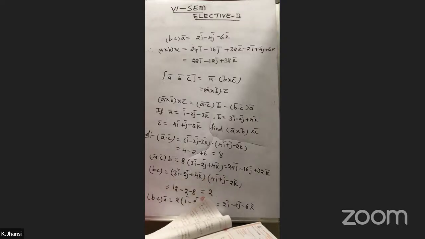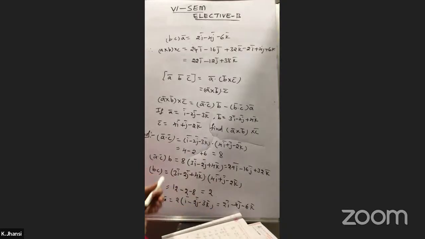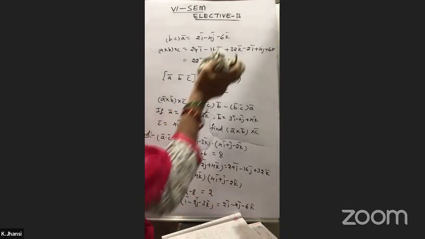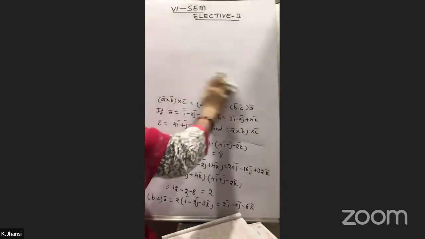So next, the second unit is about differentiation. How to find the differentiation for the vector point function and also the scalar point function is the concept here.